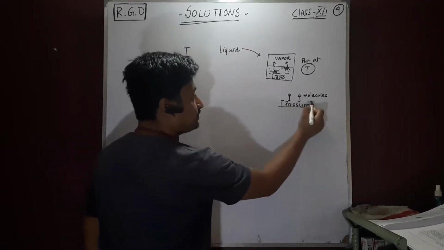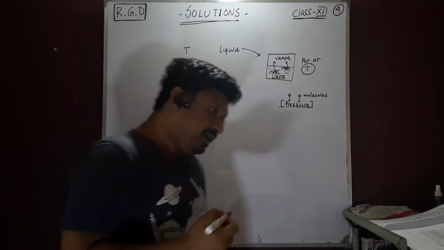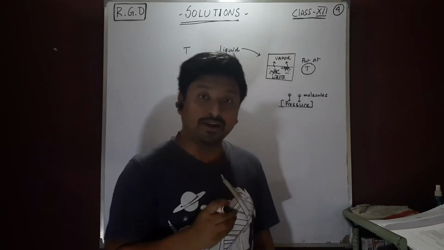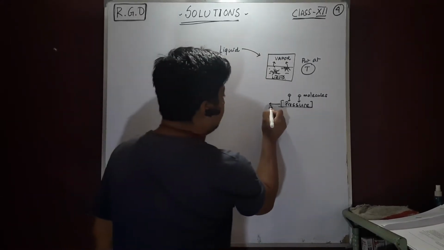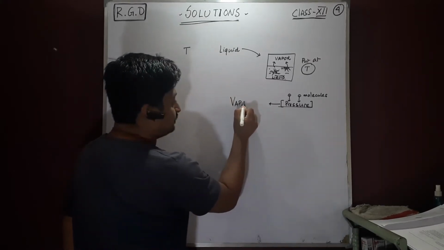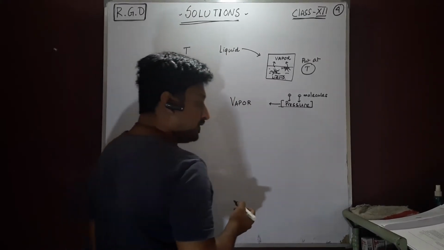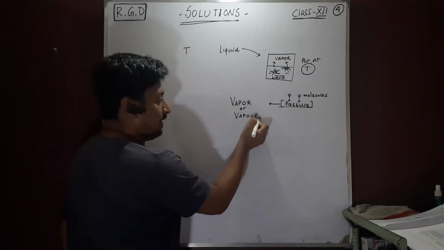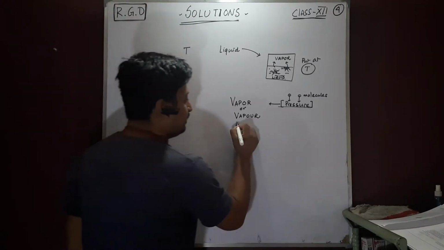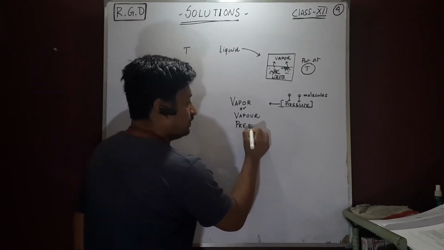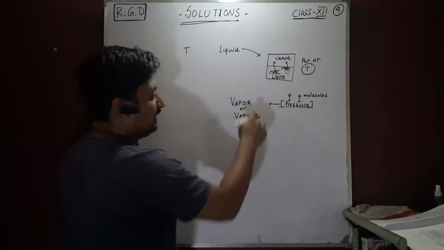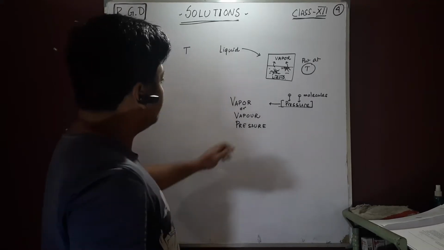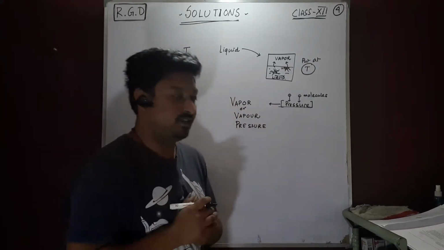This pressure exerted by the molecules present in the vapor state of the corresponding liquid is known as vapor pressure. You can write vapor or vapour, either is correct, but whichever you write, follow one and don't mix.